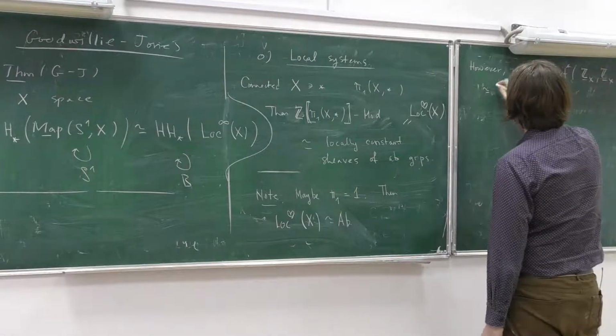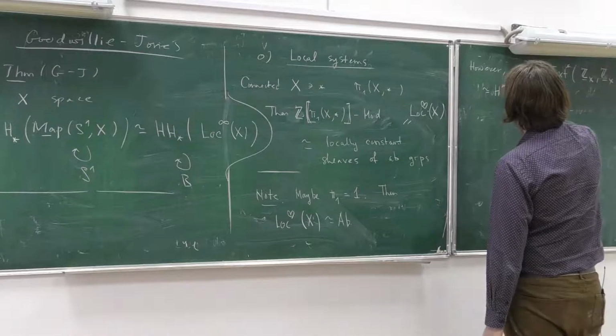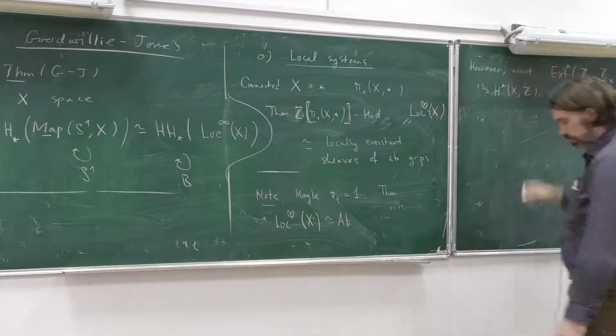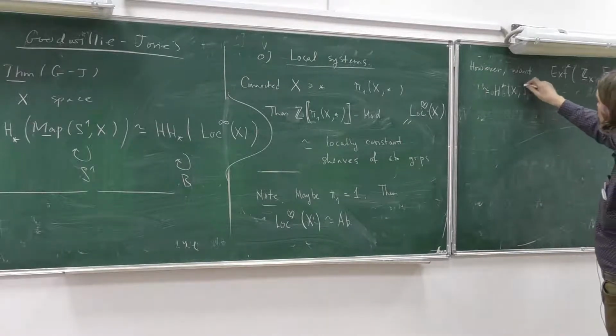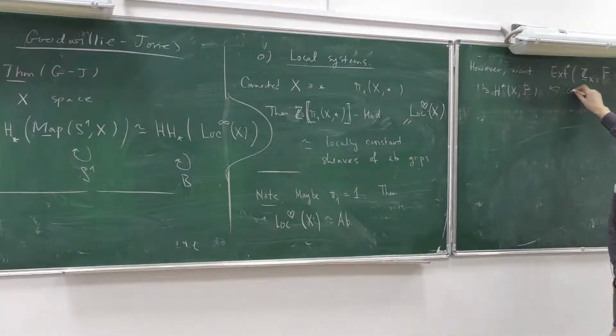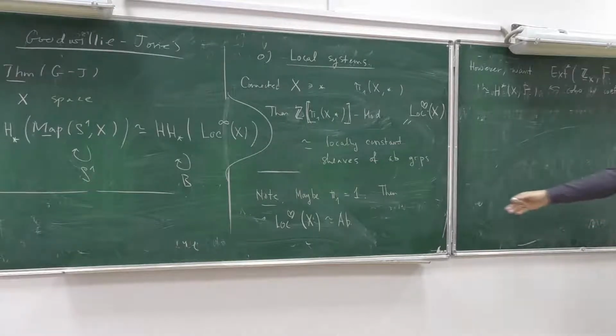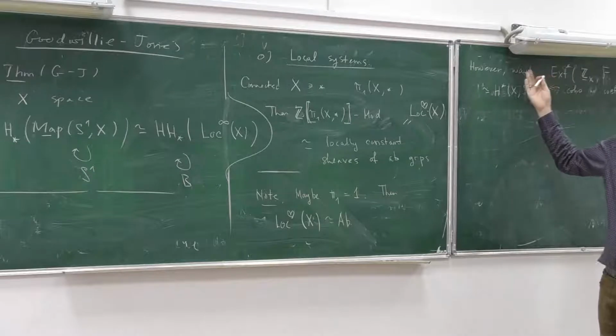We would like that to be cohomology of X. So we would like some category in which the X are giving cohomology with coefficients. More generally, if I have a local system here, I would like this to be cohomology with coefficients. So this is not true in general, for instance, in this example. And so we need to create a bigger category of local systems in which these are the correct X.